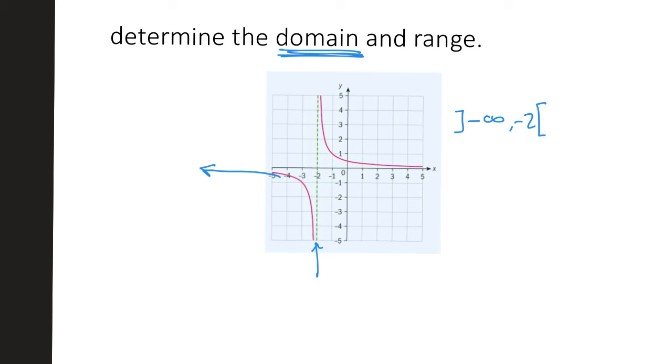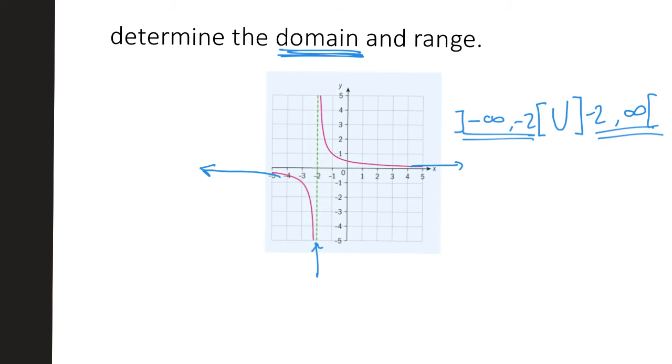And then it's the union of, and you've seen this notation before, back in week 4, and then it picks back up at -2 all the way to positive infinity. This is the graph that's to the left of the asymptote, and this is the graph that's to the right of the asymptote.